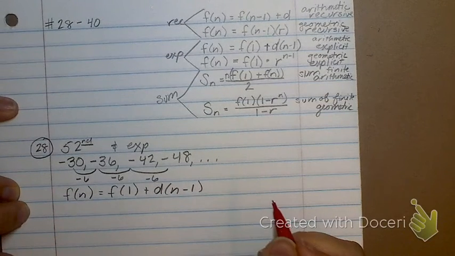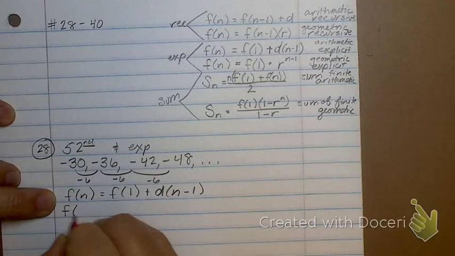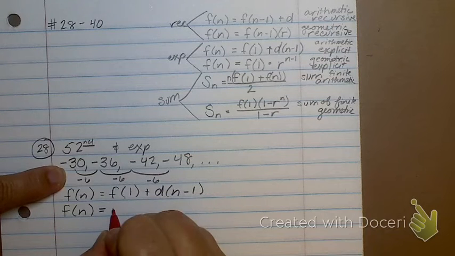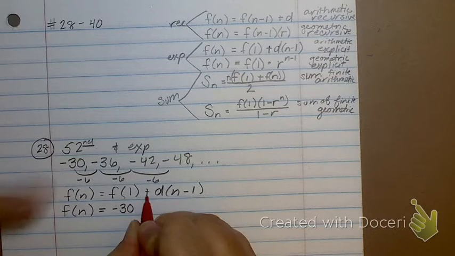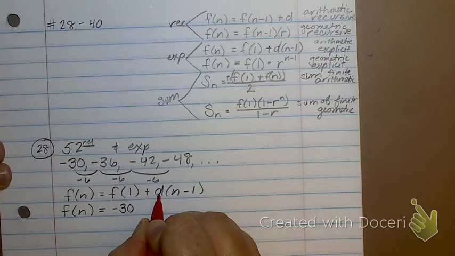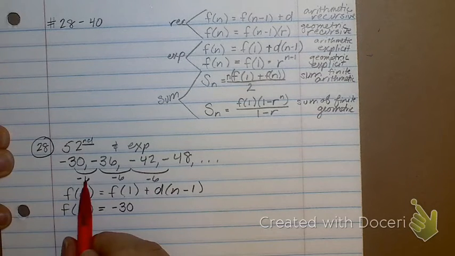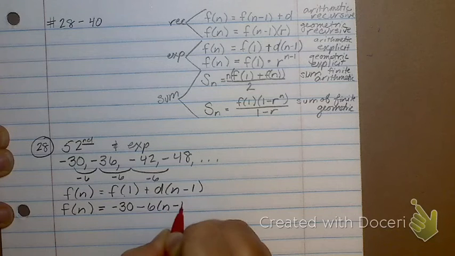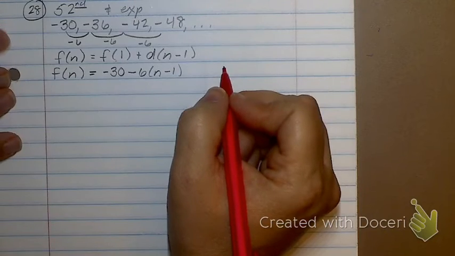Yes? What is f of 1? That's the first term, which in this case is negative 30, plus my d value. What's my d value? Negative 6 times n minus 1. You will not see any answers left like this. I'm going to cover up those formulas now so I can scoot it up.